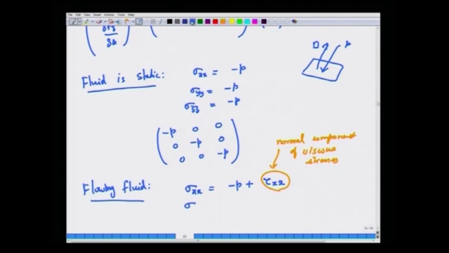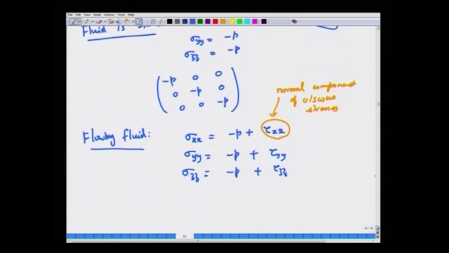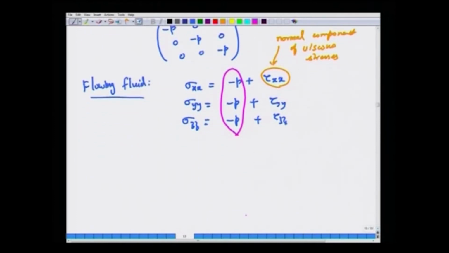So, sigma y y is minus p plus tau y y, sigma z z is minus p plus tau z z. Okay. So, therefore, we have this split as to what the normal stresses are. They are comprised of the pressure force which is already there in a static fluid, plus the normal component of the viscous forces.